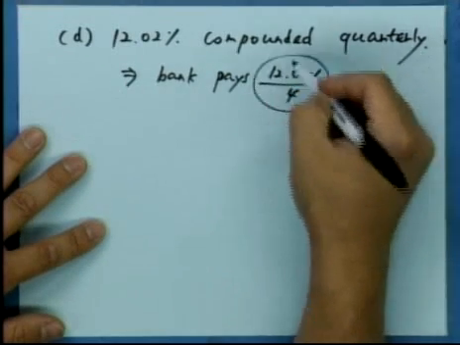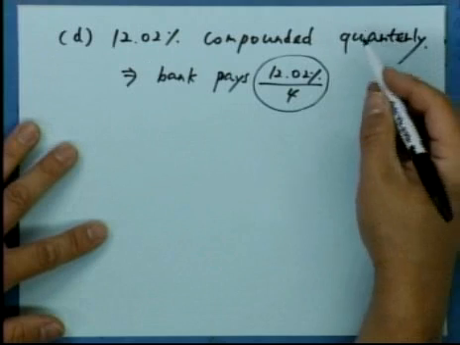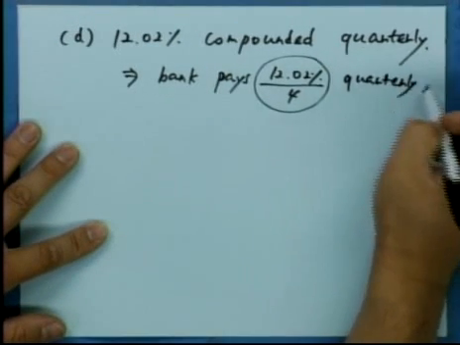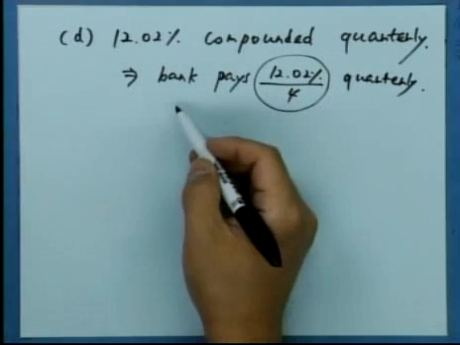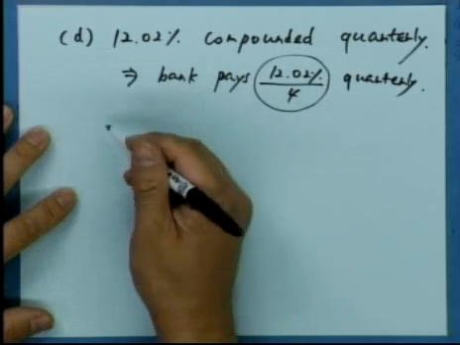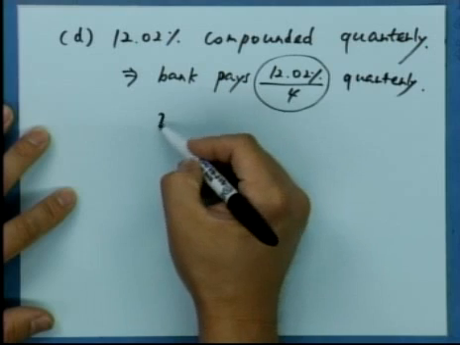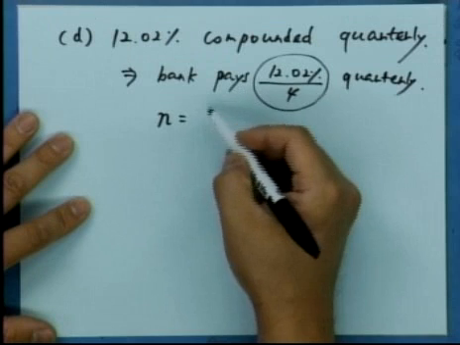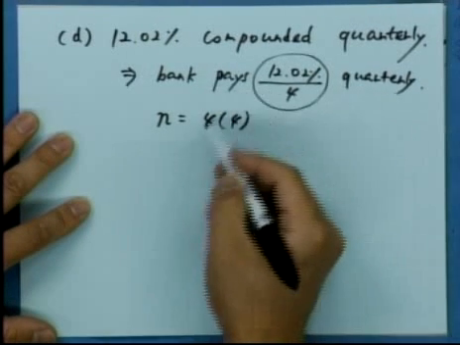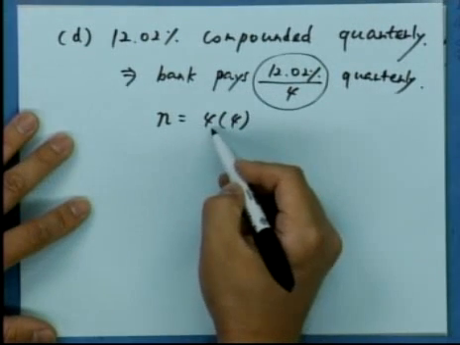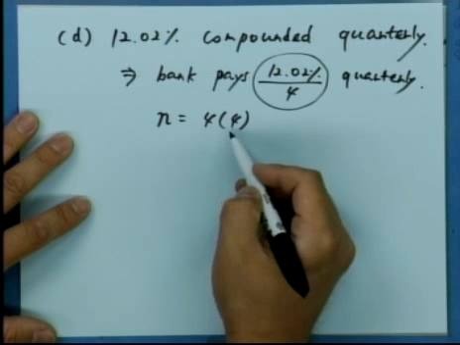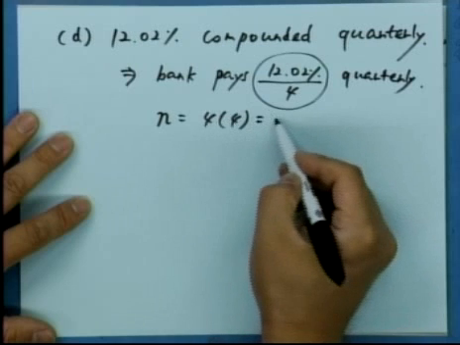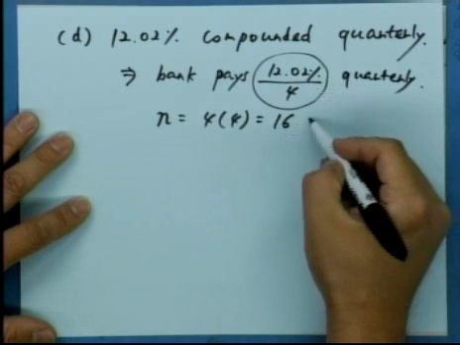Bank pays this interest rate quarterly. Okay? So in that case, what would be the value of n? 4 times 4. There are 4 quarters in a year, and the total number of years we're considering is 4 years. So 4 times 4 becomes 16 quarters.